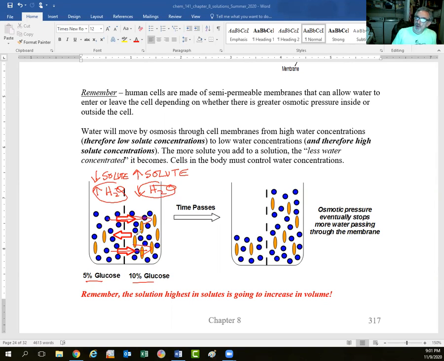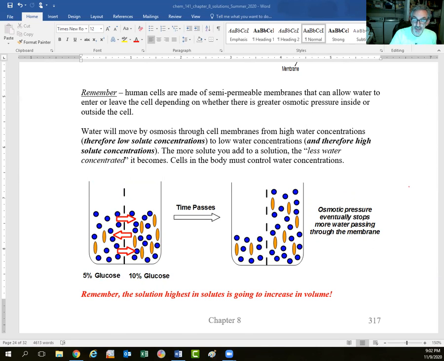Water moves through the semi-permeable membrane from high to low. So over a couple of hours, or maybe overnight, the water levels in that beaker the following day will have drastically changed. Water moving predominantly out of the high concentration to the low water concentration.